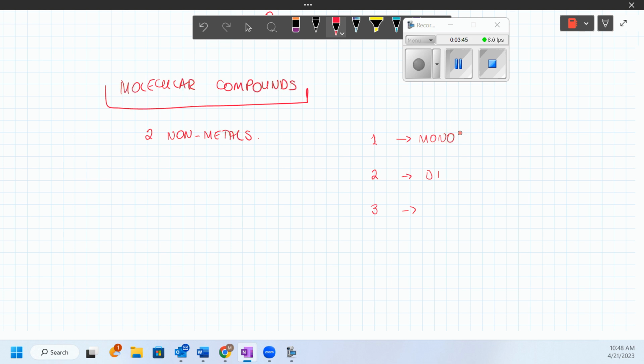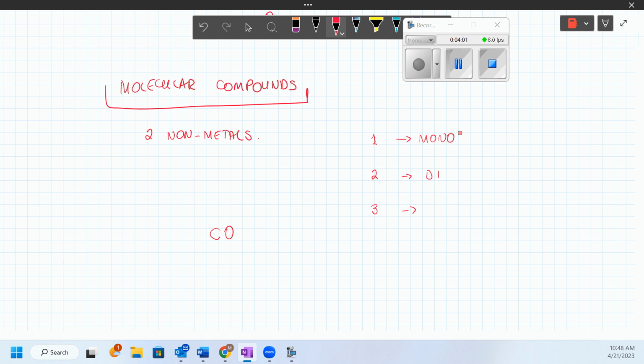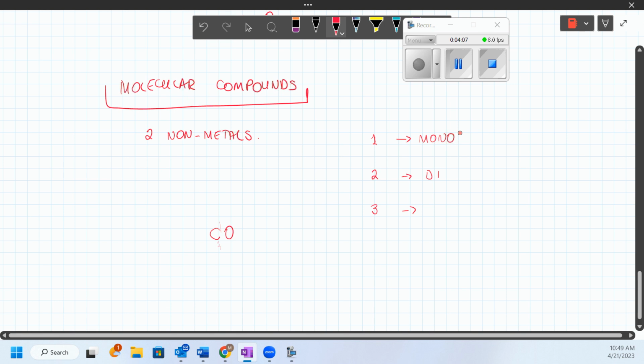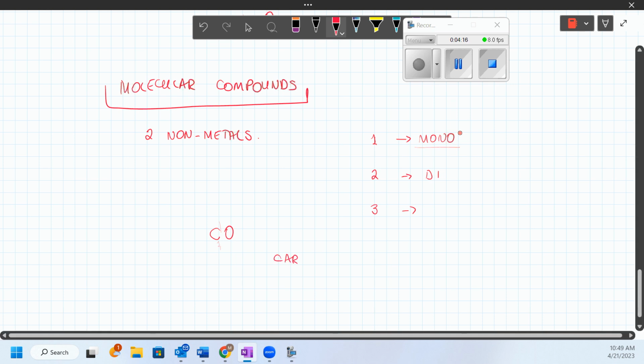The way that we write the name is we start with the prefix. Let's say that we have one carbon and one oxygen. Since the first element has one, and it is the first element, we do not mention the word mono, but we say carbon.